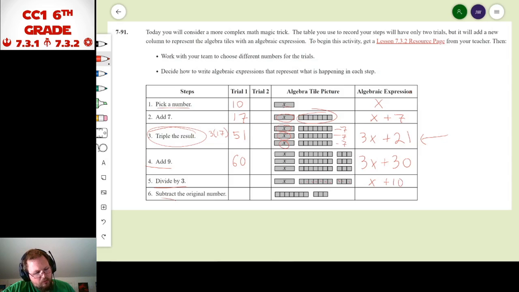And then it says to subtract the original number. There's my 60 divided by 3 to get 20. Subtracting the original number, which was 10 in our case, left you with 10. Here, the answer is always going to be 10 because you just subtract the x value away from it. Now, perhaps 10 was not an ideal example just because we ended up with the same thing.